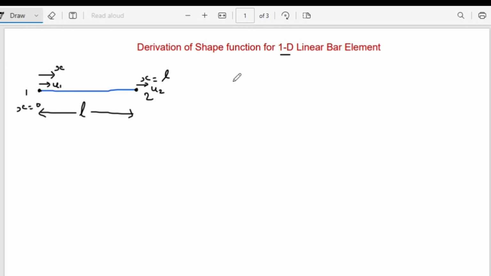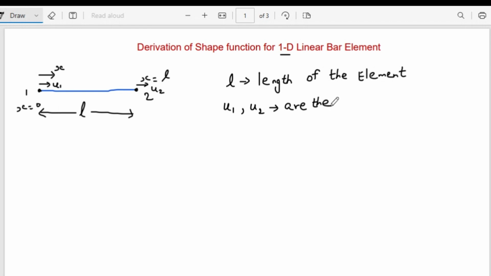So let us write all those things. L is the length of the element, and u1 and u2 are the displacements of nodes 1 and 2.